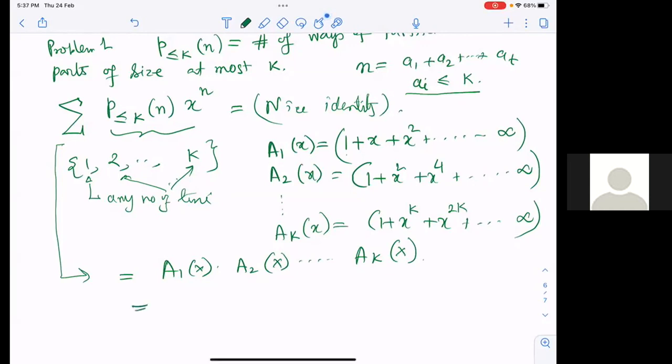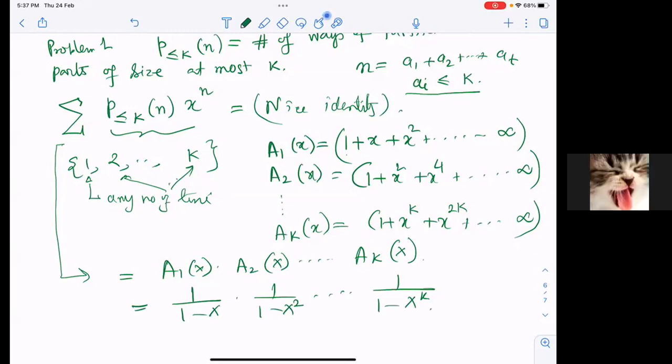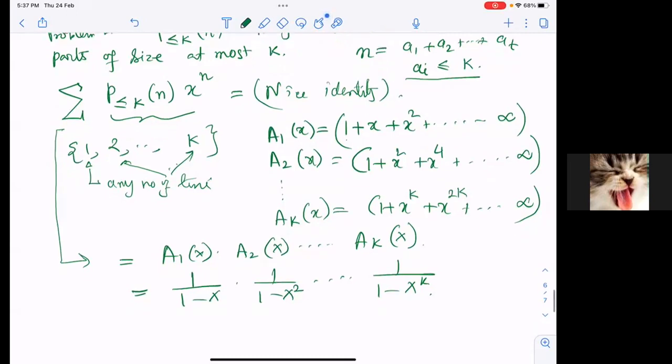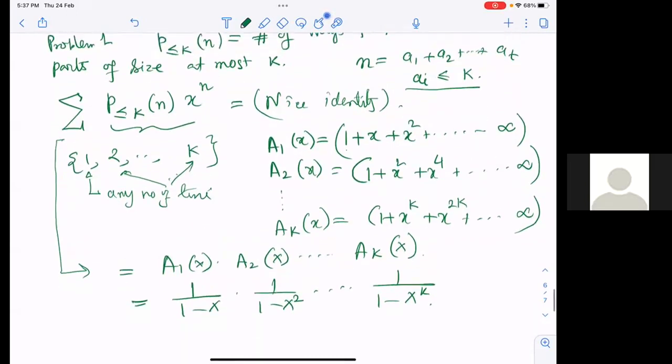So this is equal to 1/(1 - x) times 1/(1 - x^2) and so on. That is what I think Rohan said. So this is what I mean by a nice algebraic form. We can see it in front of us.